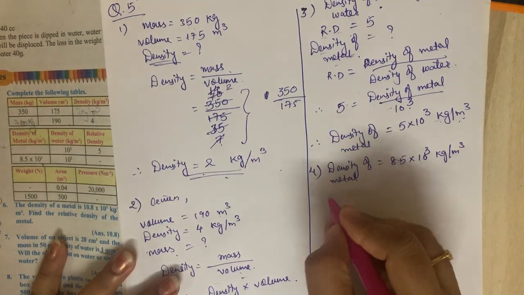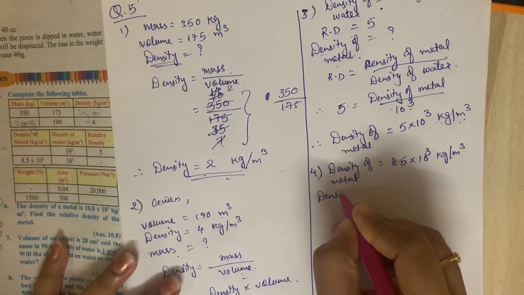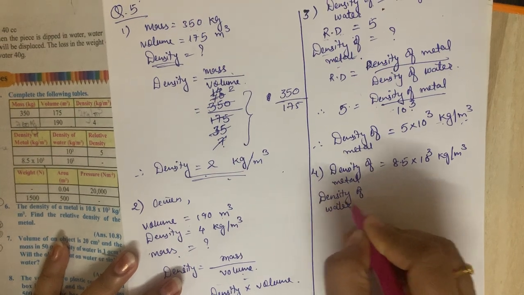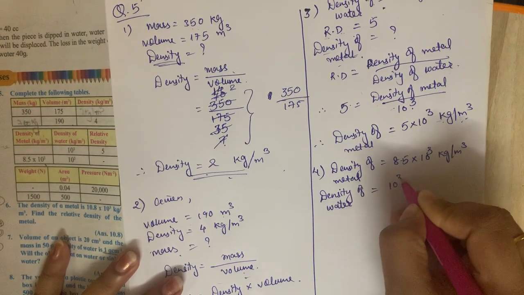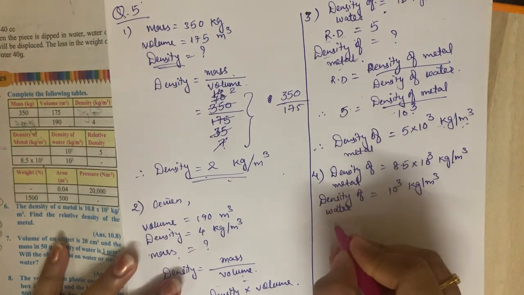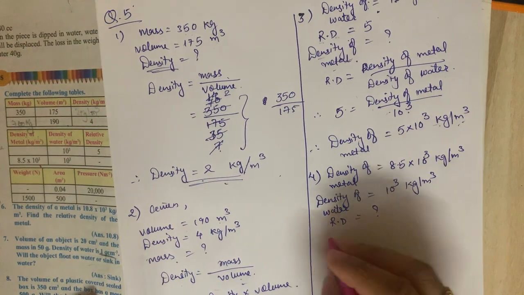It is given. Now density, I told if it is not given, still you will be writing density of water. Now here in the question it is given 10 raised to 3 kg per meter cube. Then what is the relative density? This is what you have to find. Straight away the formula only.